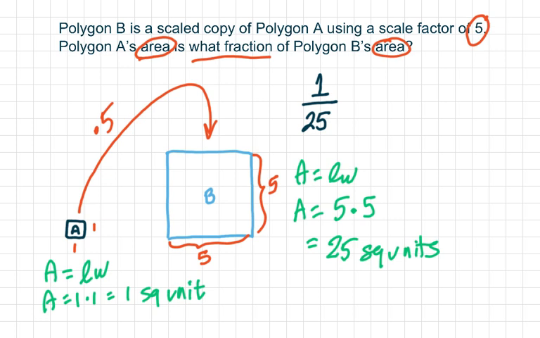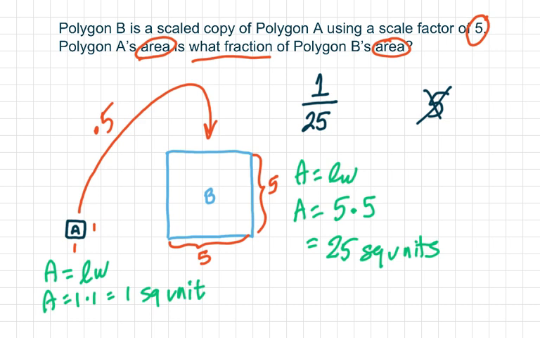If you chose the wrong answer of 5, I think there are a couple of things that might have happened in here. So one is that I think you might have used the scale factor of 5, but maybe not actually used it to think about building a new polygon.